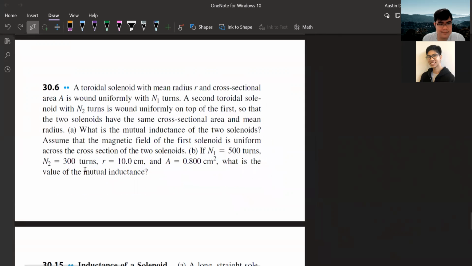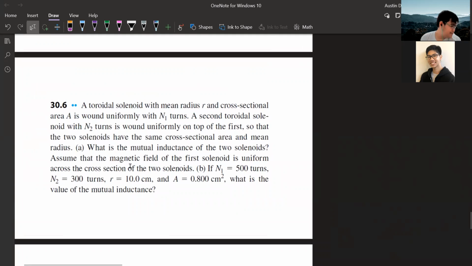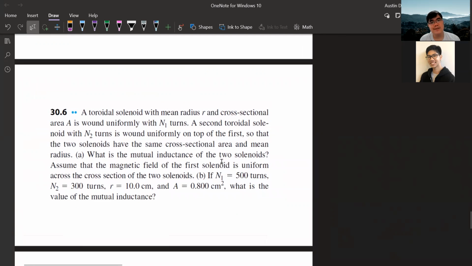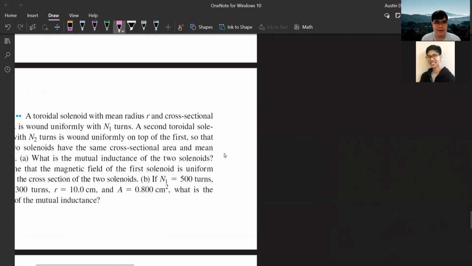Okay. So either way, pwede kang bumase doon sa unang toroid or doon sa pangalawang toroid. So let's put that into math.